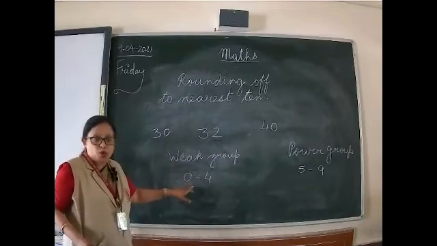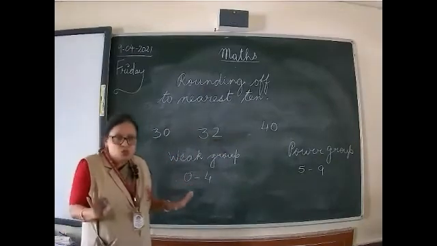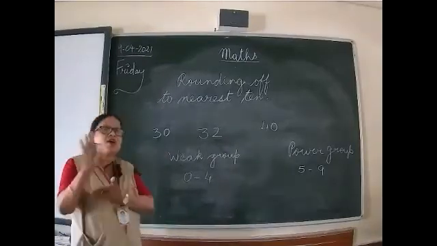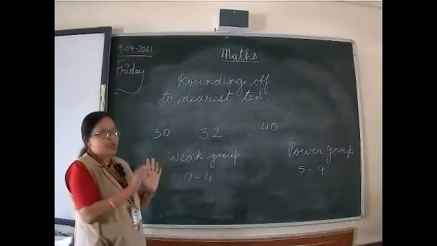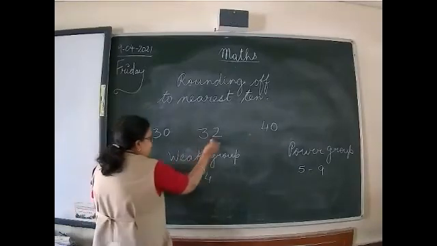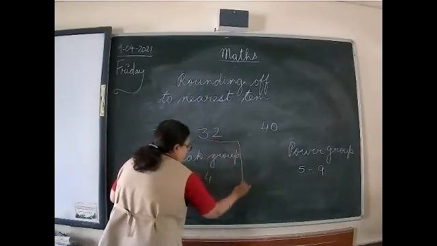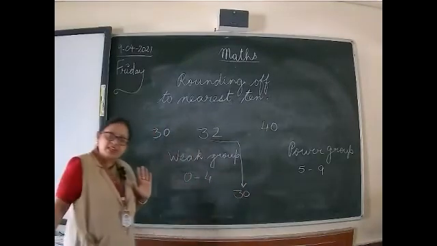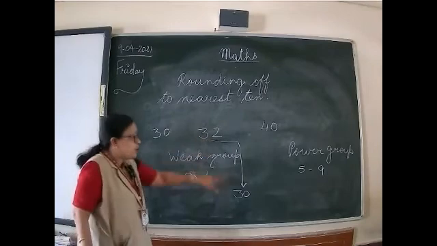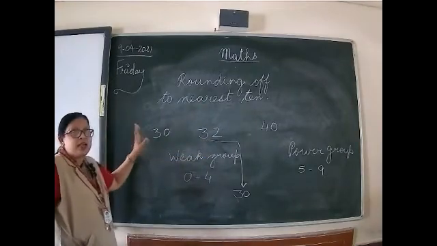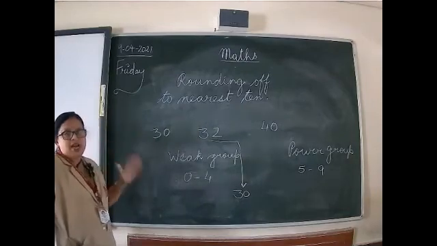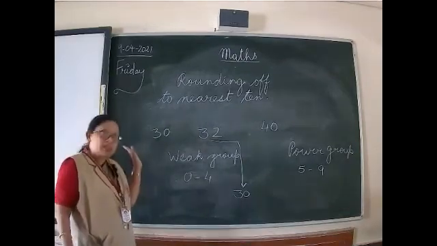Yes or no? Because it is weak, it will not do anything. It will just quietly move away and vacate its place. So this will become 30. Is it clear? So that means it is rounded off to 30. That means this number is nearer to 30. You will round it down to 30.